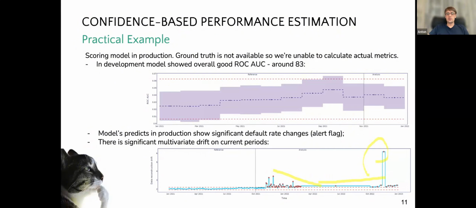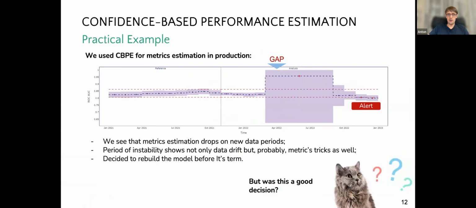Given the context, let's turn our attention to the CBPE results. And here we can observe the results over the specified periods. Notably, there are a couple of alerts towards the end of the period here, indicating an expected drop in metrics.